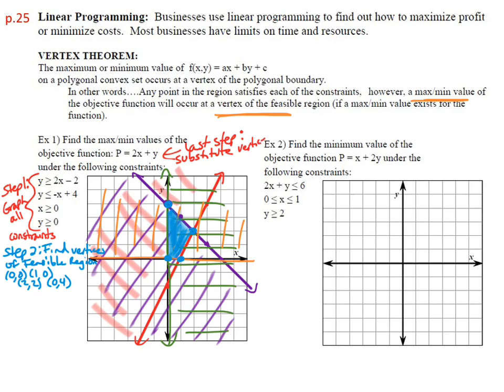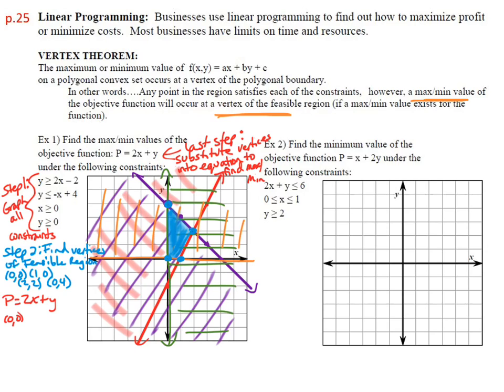So substitute your vertices into the equation to find the max or the min. All that means is I'm going to take that objective function of p equals 2x plus y and substitute in each of those values for my vertices.